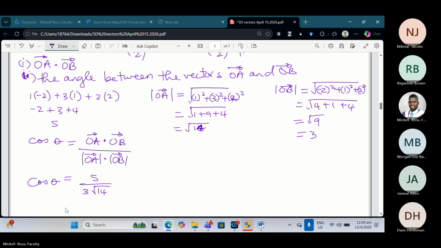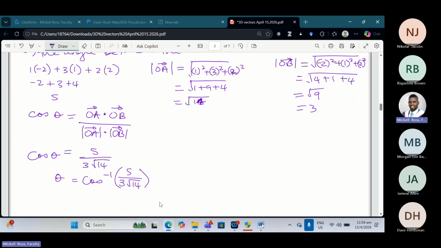So that means theta is equal to cos inverse of 5 all divided by 3 root 14. So we get that theta is equal to 63.5 degrees.